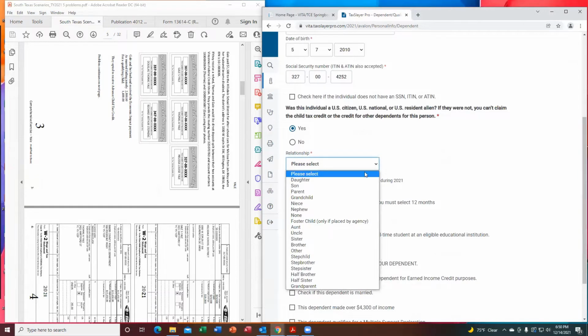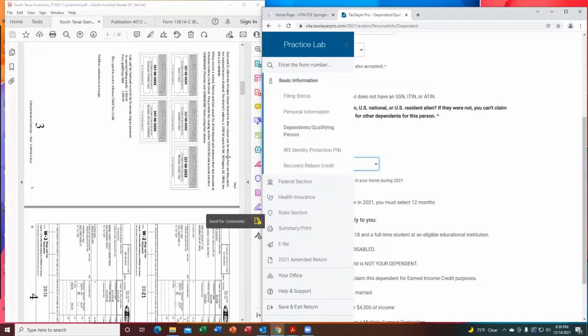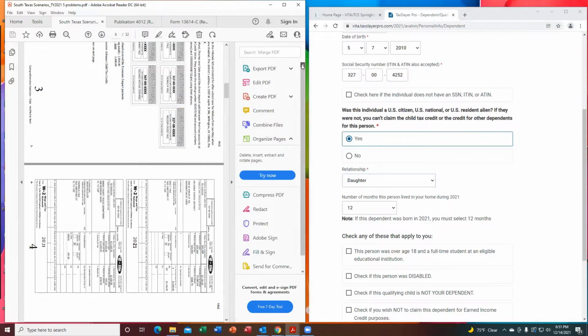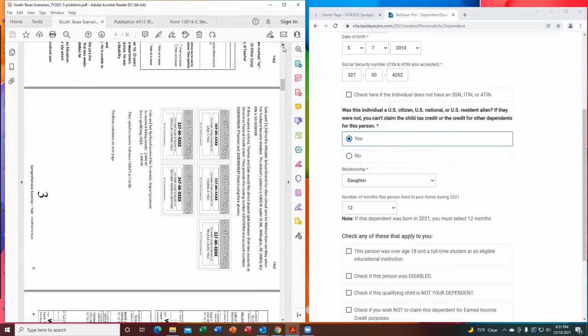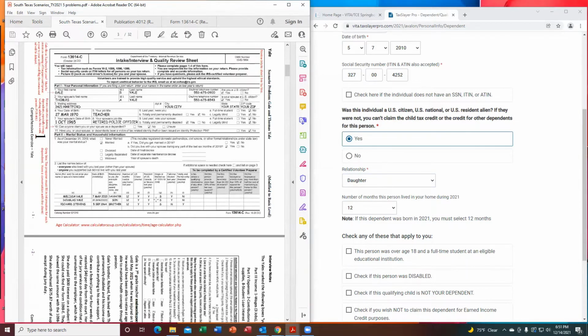She's a daughter. Lived with them for 12 months. All of that information is in the intake form. So it's right in here. It's in what they filled out in here. So there's your 12 months. She's a US citizen.